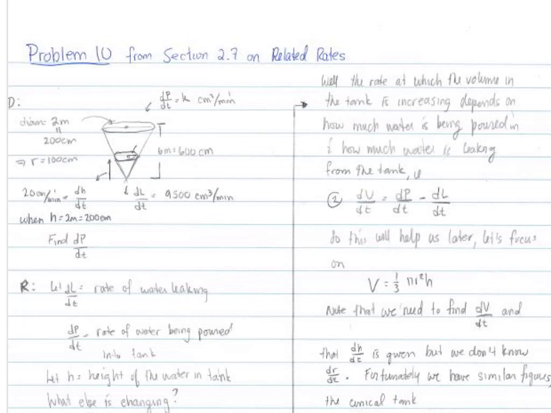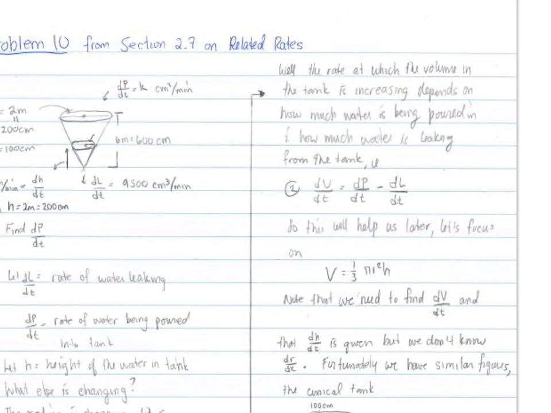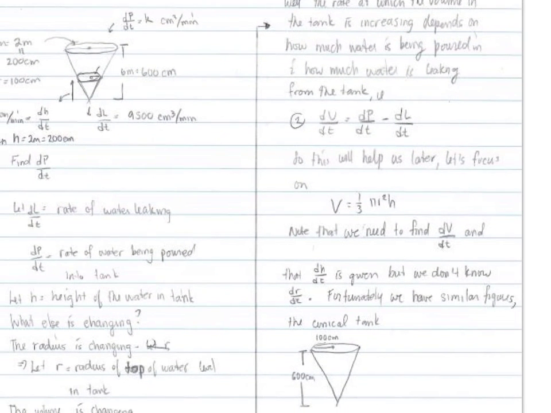So the rate at which the volume is increasing in this tank depends on how much is coming in minus how much is coming out. And so here's our second equation. We actually won't need it right at the beginning. It actually ends up being a lot more helpful to us later on. So we'll focus on this volume here, 1/3 pi r squared h. And so what we need to do is find the derivative of the volume with respect to time.